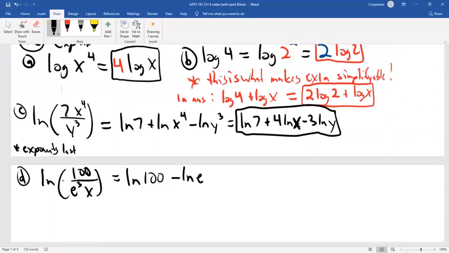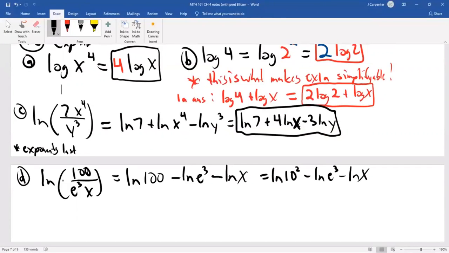Minus the natural log of e to the 3rd, because it was in the bottom, minus a natural log of x. Okay. Well, the natural log of 100, we can't simplify just that, but we can rewrite the 100 as 10 squared. It may or may not benefit us, right? It probably will. So there's the natural log of 10 squared minus the natural, let's leave everything else the same, natural log of e cubed minus natural log of x.